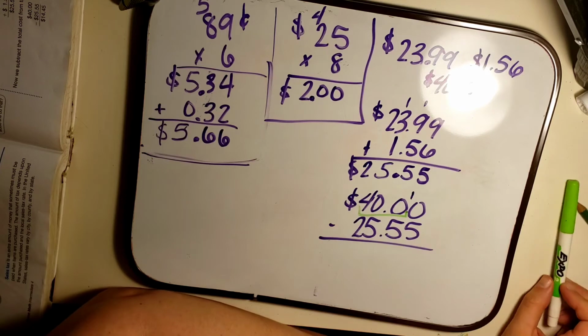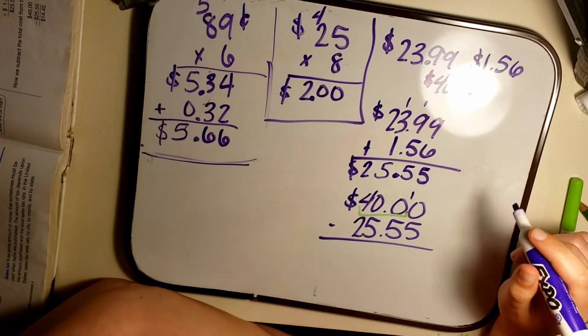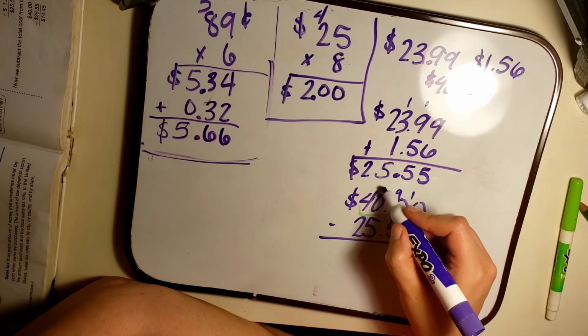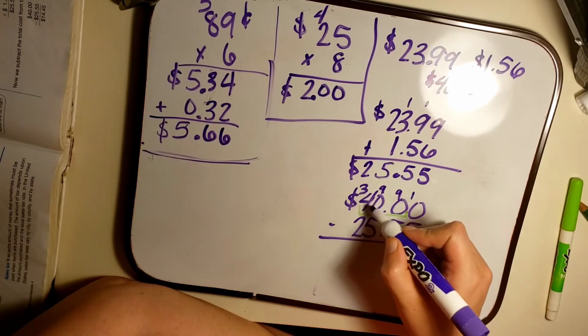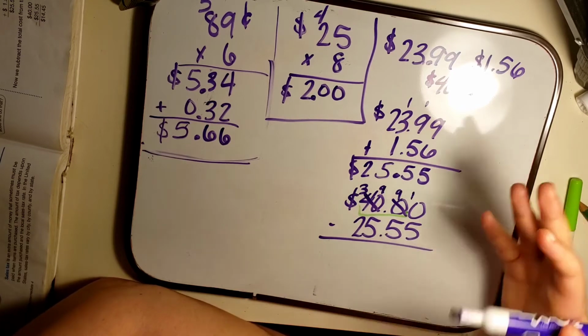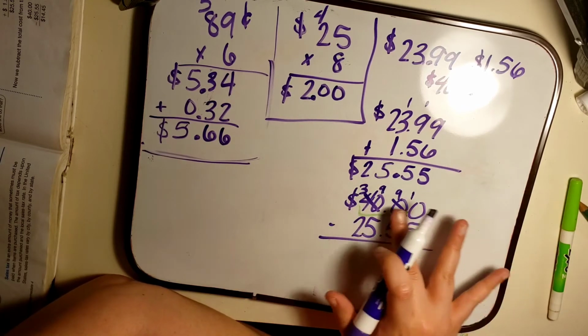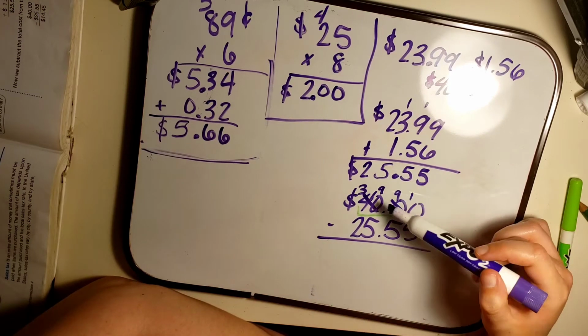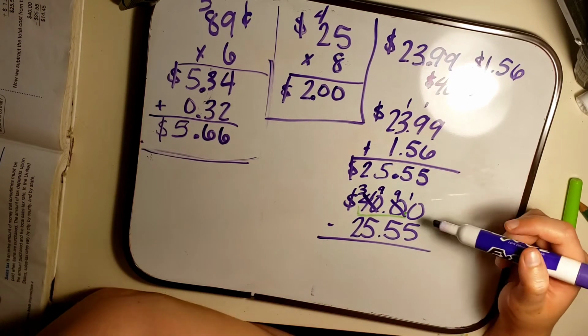So if you subtract 1 from 400, you get 399. So I'm going to turn that into a 9, turn that into a 9, and turn that into a 3. And that is how you can do that. And it only works if it's all zeros. If you got different numbers in there, it won't work. But for all zeros, this is how you can do it.